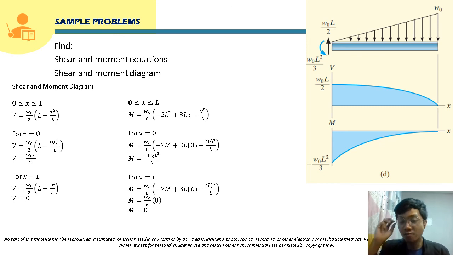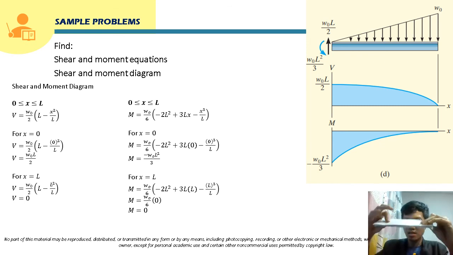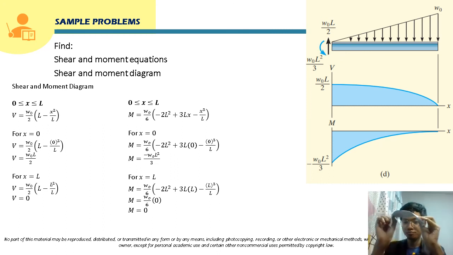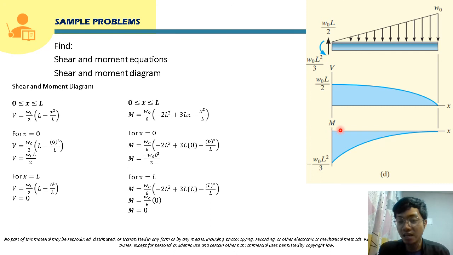So this is a negative moment. It will bend the beam this way, since the moment is directed this way. That's why it's a negative moment. For a negative moment, class, again, this will be plotted below the x-axis. That's why it's here.